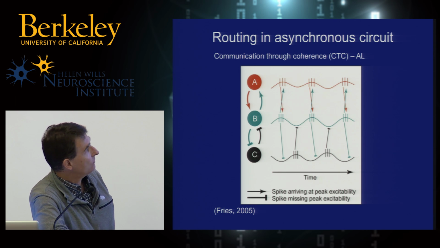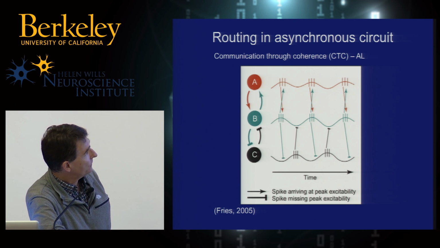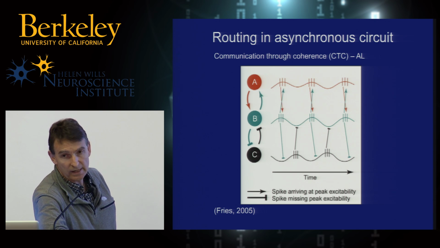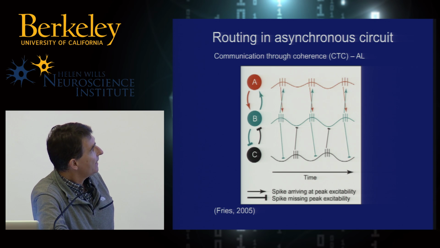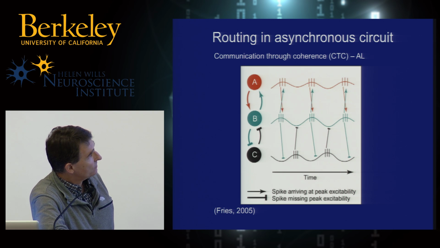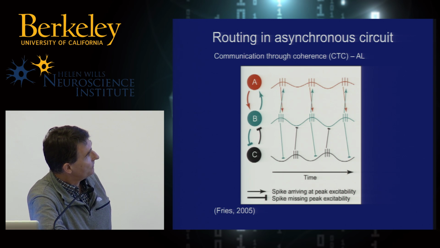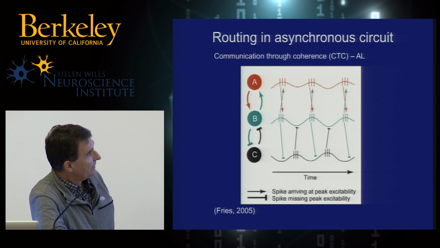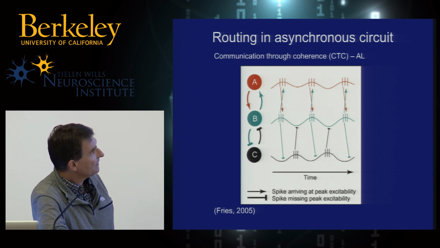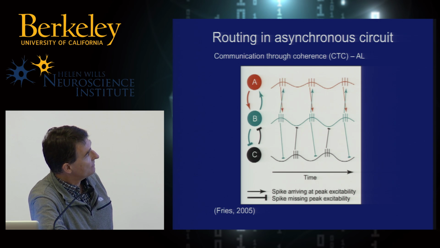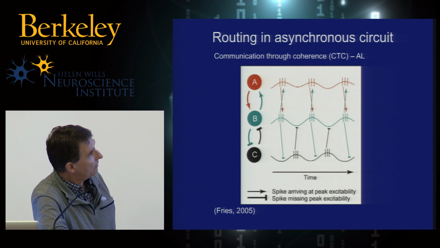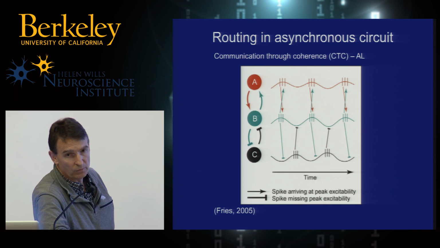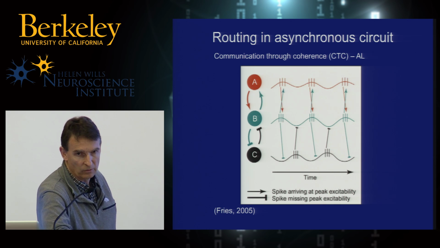His idea was, we have here 3 brain areas. These are entire brain areas, not neurons: A, B, and C. A and B have an oscillation which is coherent in phase, so the phases are almost the same, and C is out of phase. His idea was that these rhythms also modulate the excitability of neurons locally.